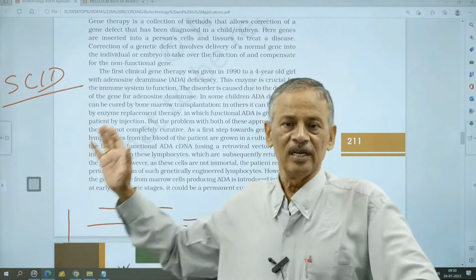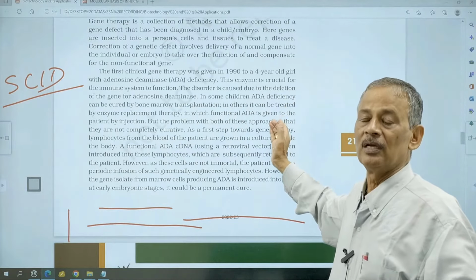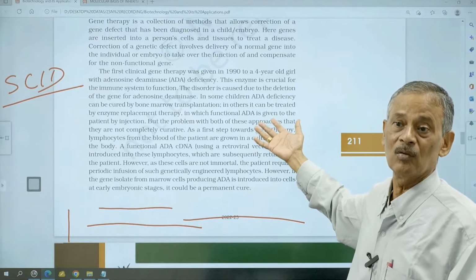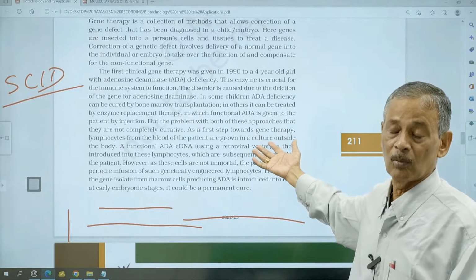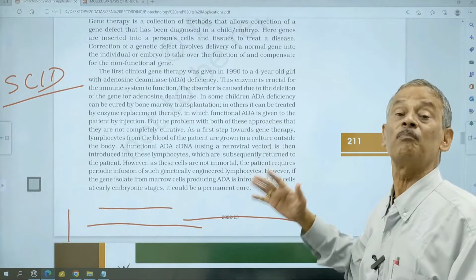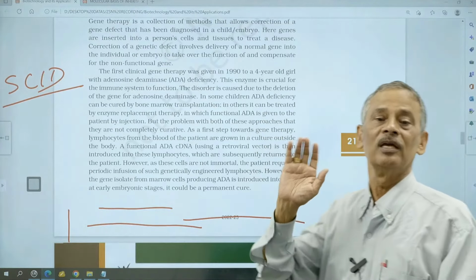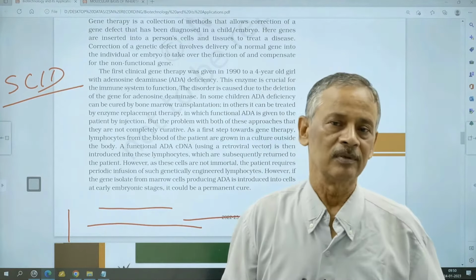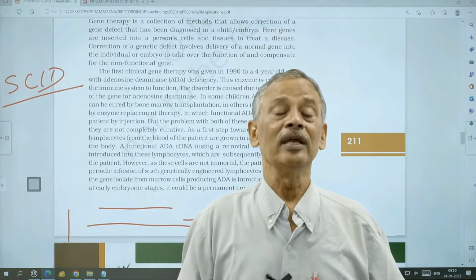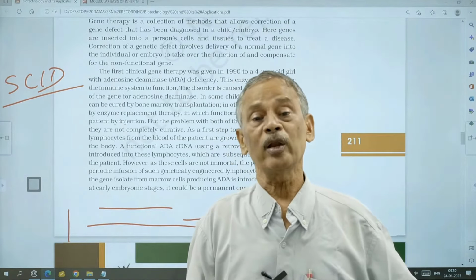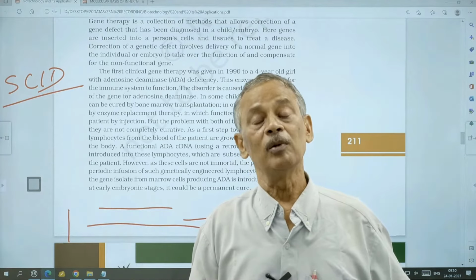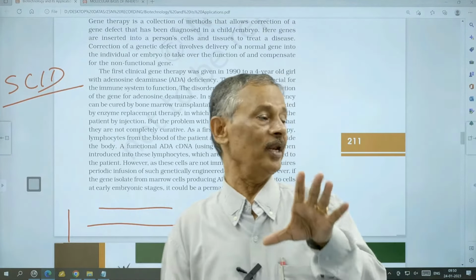Since we became successful in giving the functional gene to an already born 4-year-old baby, we have to repeatedly do the gene therapy. Suppose we successfully do it to the bone marrow cells of a fetus, then we expect that we will be able to achieve a permanent solution.